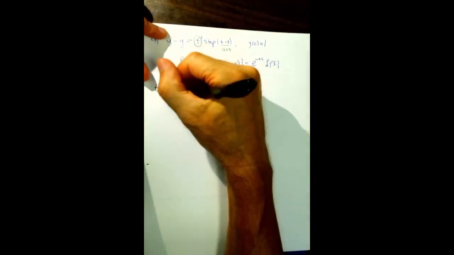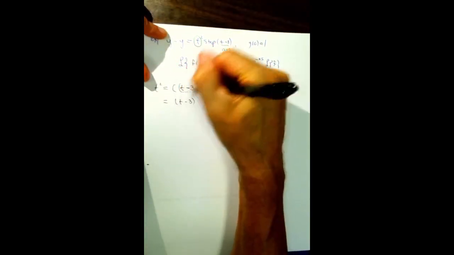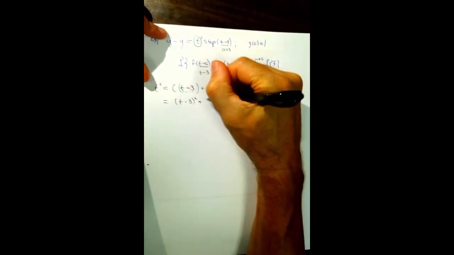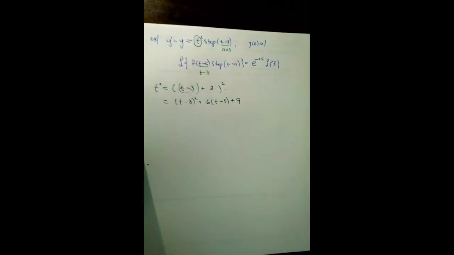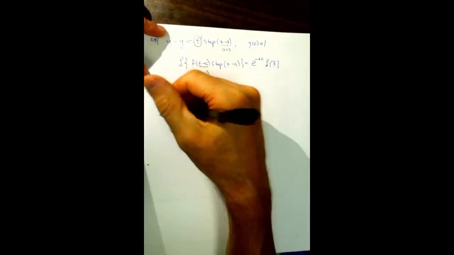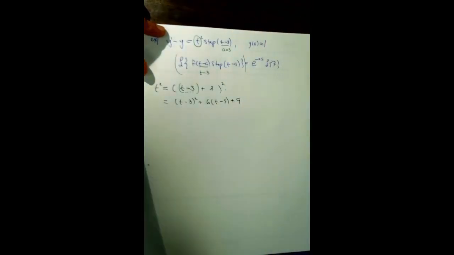So now if I FOIL this out, we have the t minus 3 squared plus 6 times t minus 3 plus 3 squared, or 9. Okay. Now I can deal with this in terms of what that looks like.